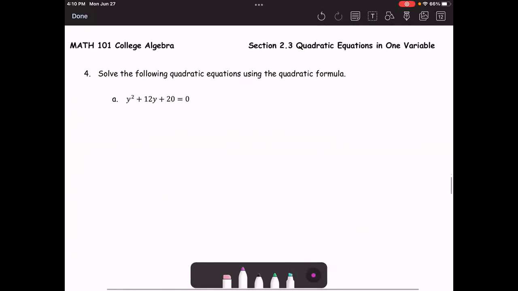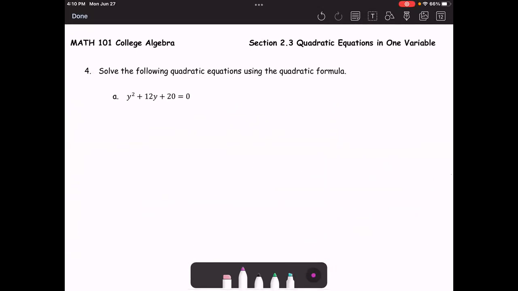Let's take a look at the examples. In these examples, we are going to use the quadratic formula to solve the given quadratic equations. Part A, y squared plus 12y plus 20 equals 0. This is in the form of a y squared plus b times y plus c equals 0.